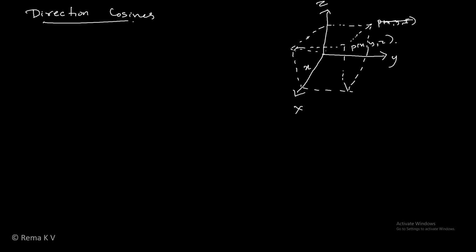This is x, that is O. From O to this point the distance is x, O to this point the distance is y, and O to this point the distance is z.